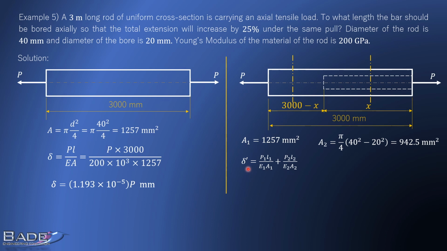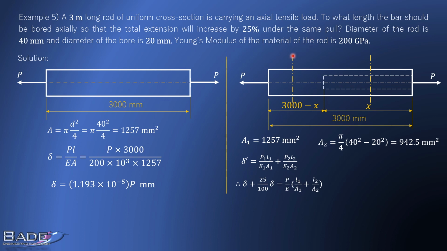Delta dash, that is deformation after the hole is drilled, is 25% more than deformation before the boring. So delta dash is original deformation plus 25% of delta.